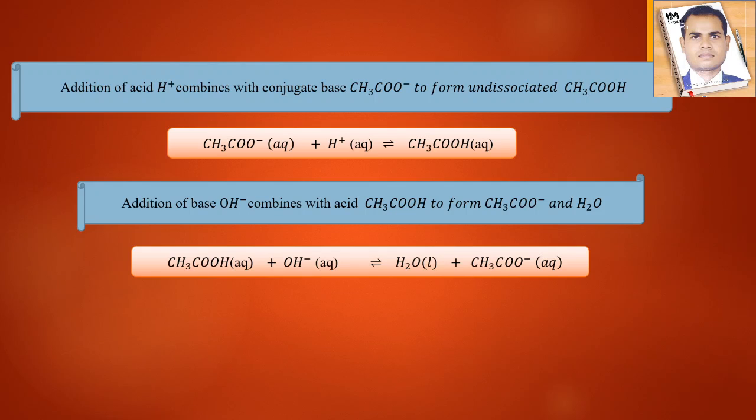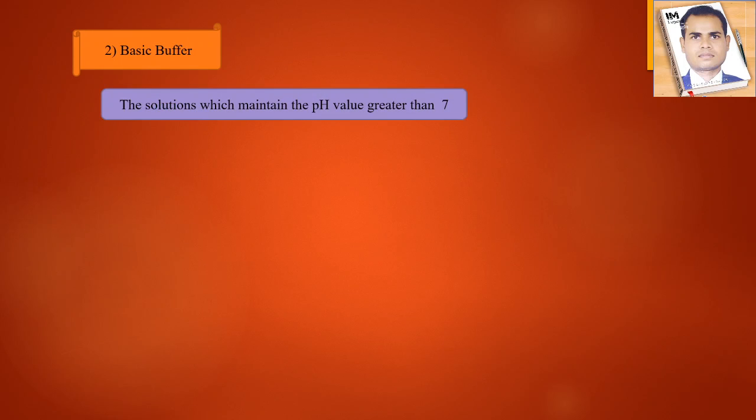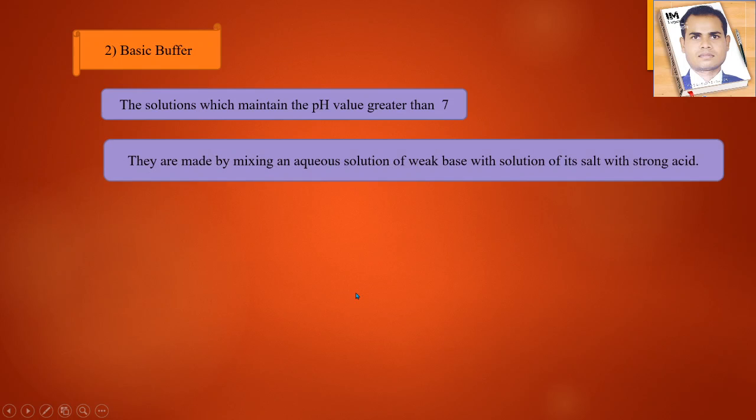Now we have to see the basic buffer. In this case the pH will be greater than 7. These are solutions which maintain a pH value greater than 7, and they are made by mixing an aqueous solution of a weak base with a solution of its salt with a strong acid.